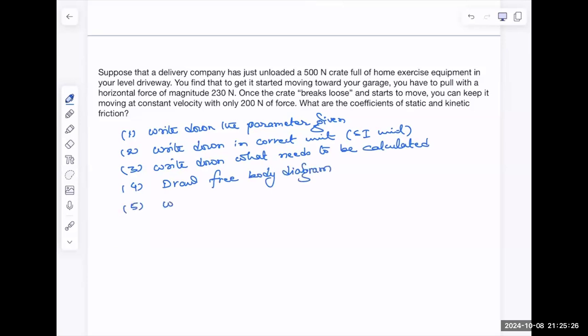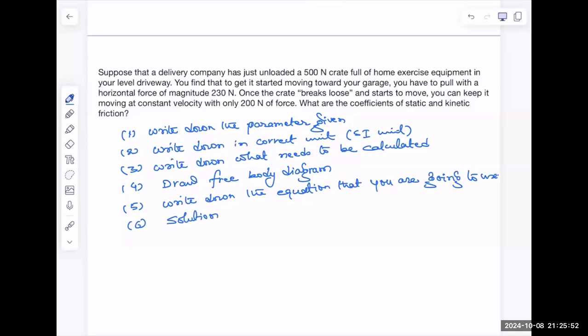5, write down the equation that you are going to use, and the sixth is your solution.